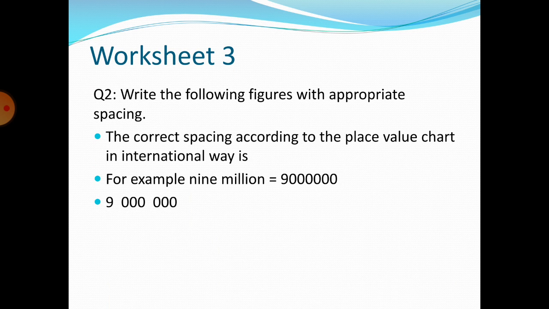For example, the first part is 9 million. You have to know that a million has a 7-digit number. So start from the right side. There are 3 digits, then 1 space, then 3 digits, then 1 space. You have to solve the rest of the questions the same way.